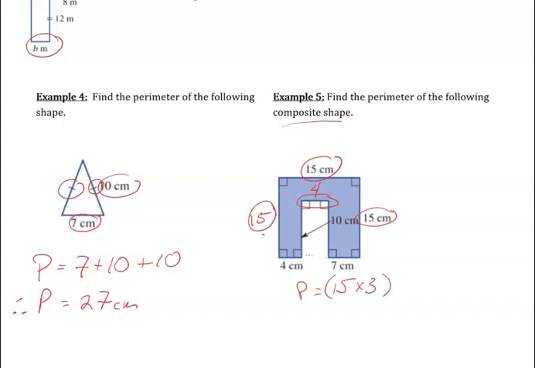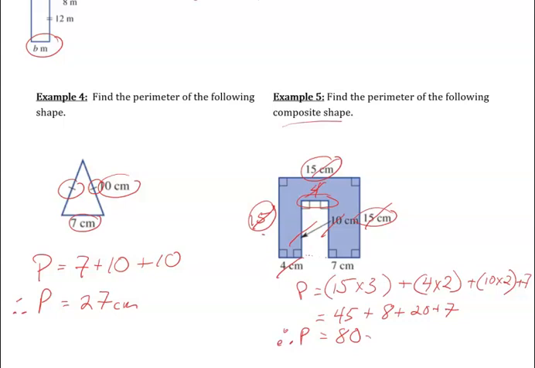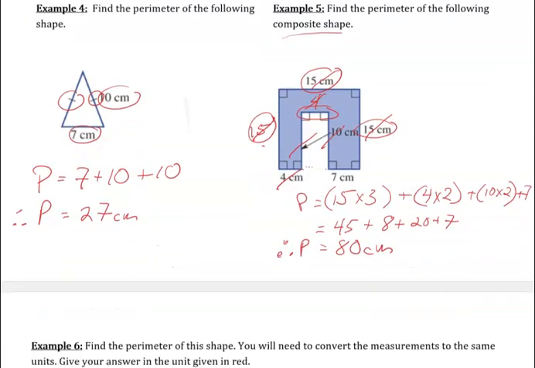Let's put that in brackets just for funsies. Plus, we've got a couple of 4s. So that's that one. And we've got a couple of 10s. And we've got a 7 right off the end there. So if I add them all up, our perimeter should equal 80 centimeters.